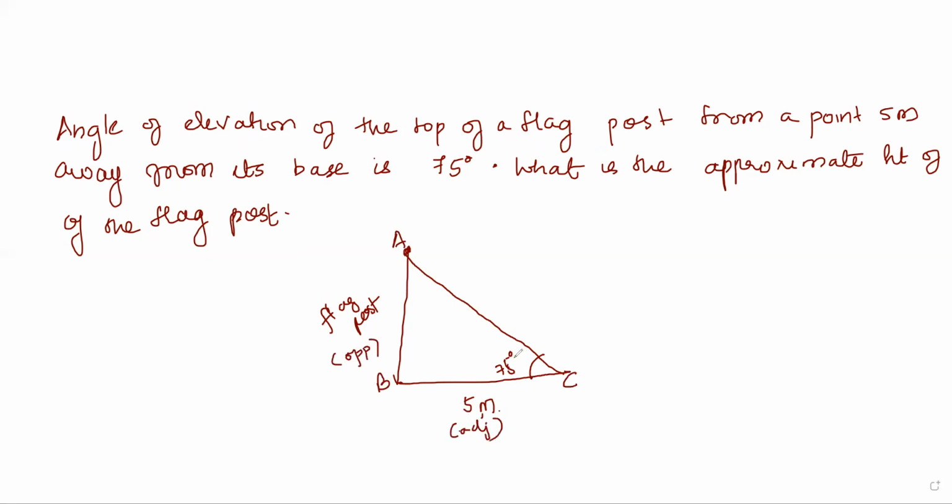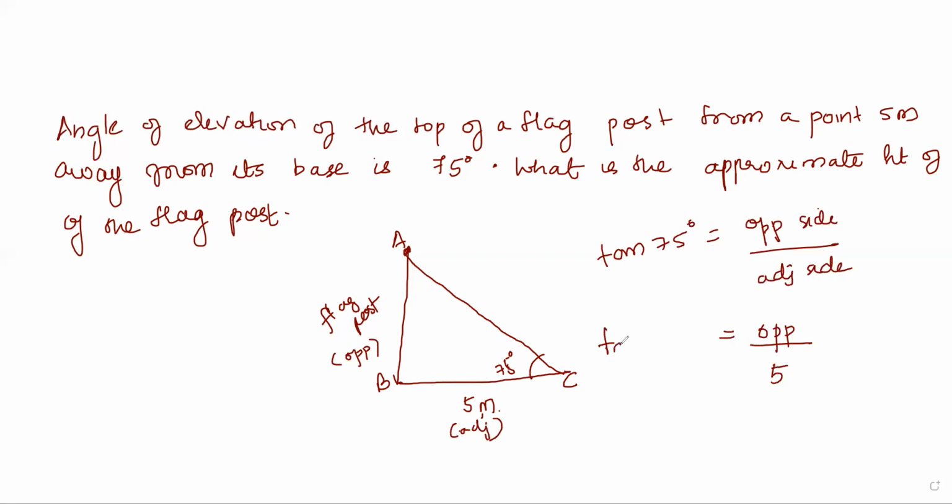So what is the relation we can use? You can use tan 75. Tan 75 is nothing but opposite side by adjacent side. So opposite side we have to find out. That is the height of the flag post. Adjacent side is given 5 meters. Now what is the value of tan 75? We haven't memorized that, isn't it?